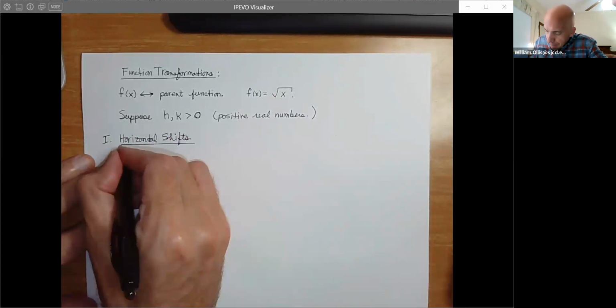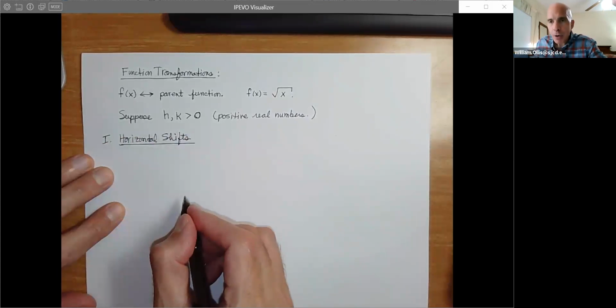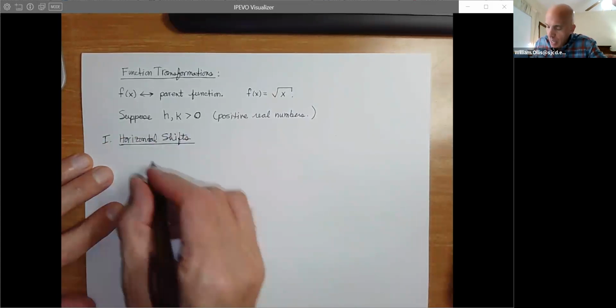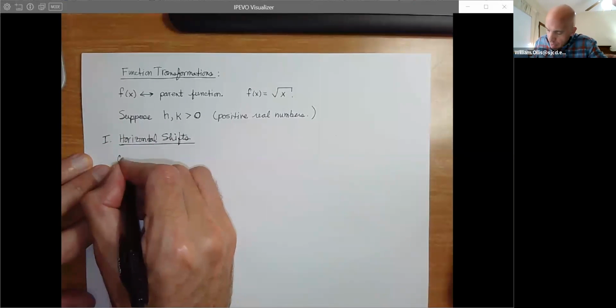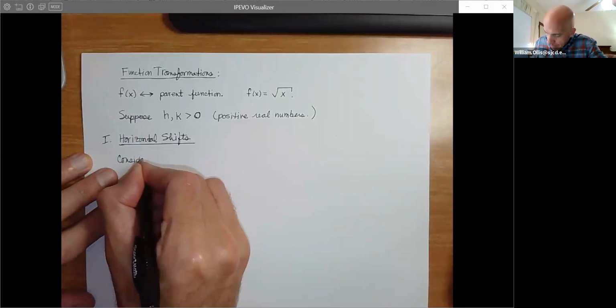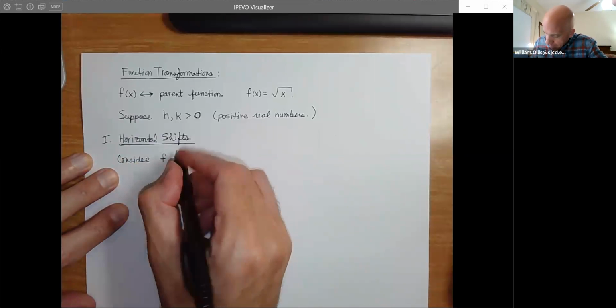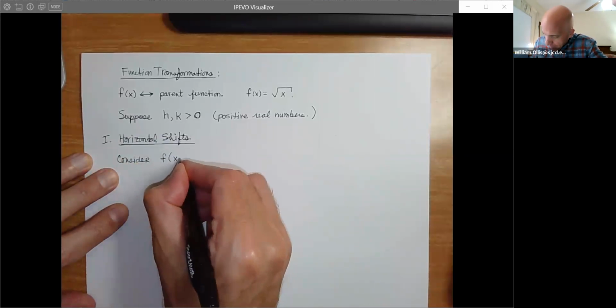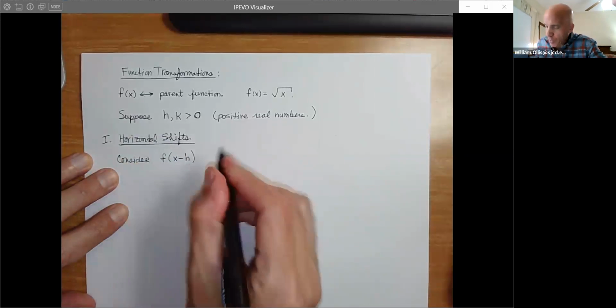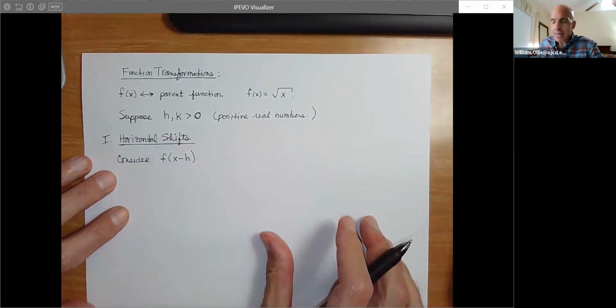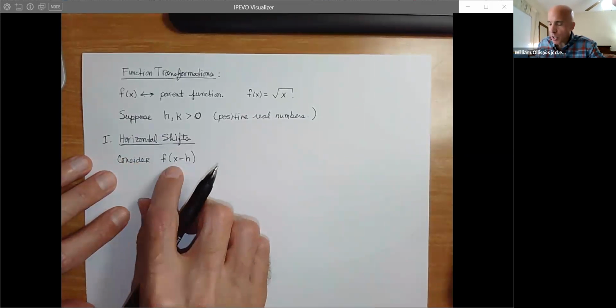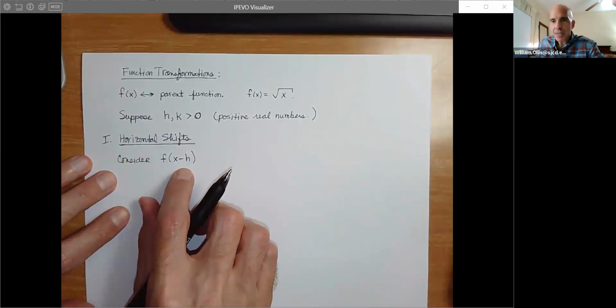That is, if we think of a parent function, for instance, if we consider f of x minus h, what I want you to do is to go through this and think about what this means algebraically and what it means in the sense of geometry.